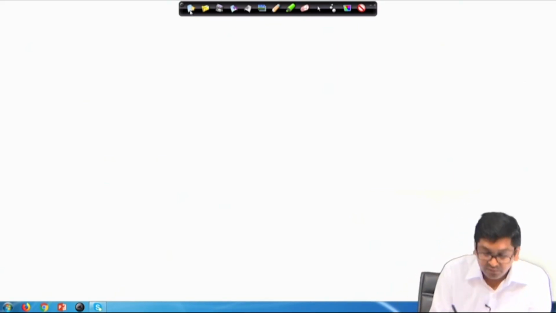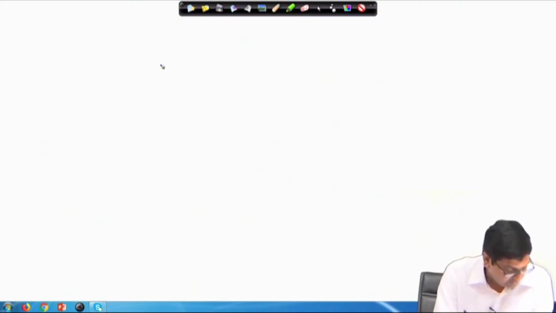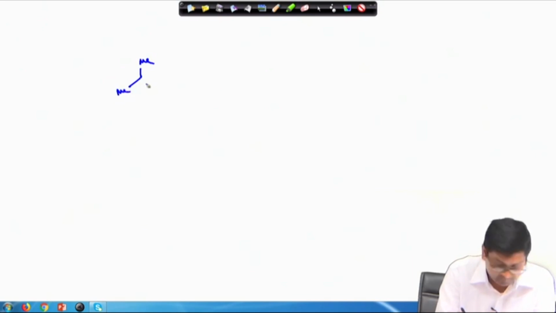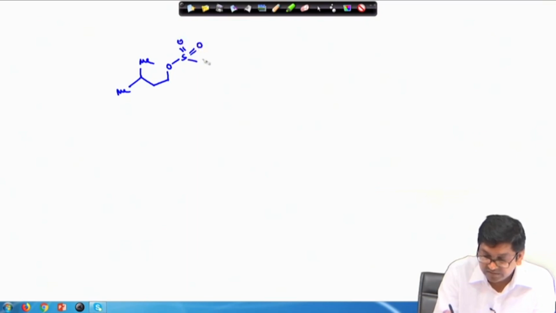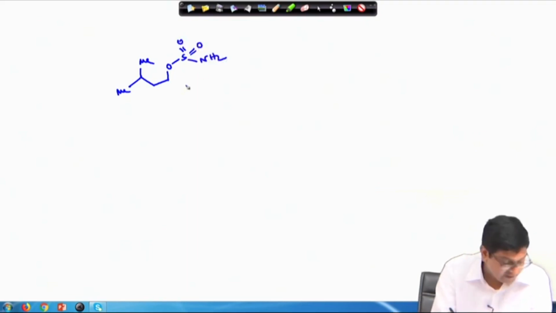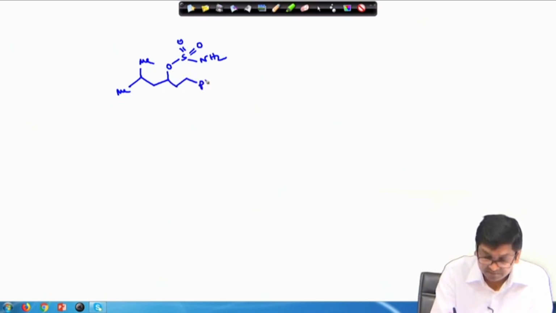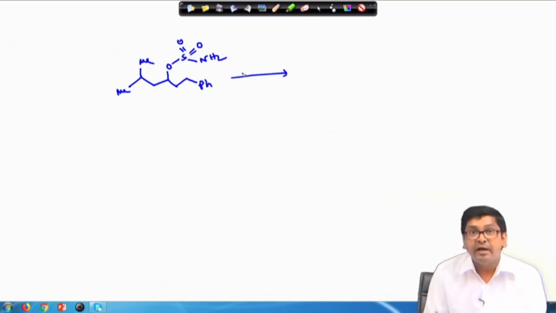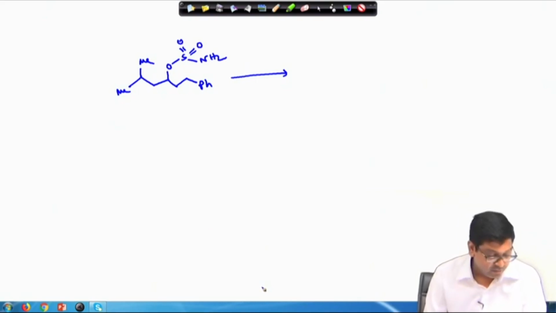So, if we see this compound, this sulfonamide as the precursor for this electron deficient species, it will generate the metallonitrenes.